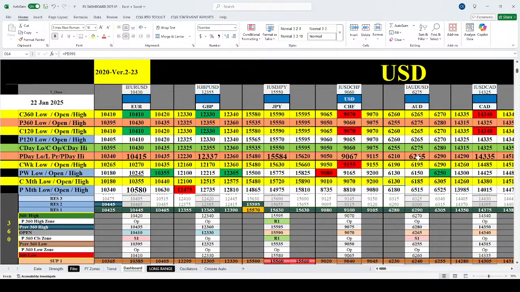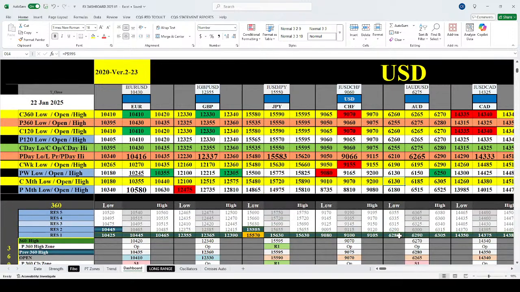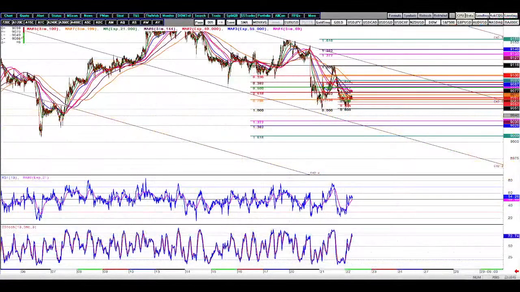Right now it's 65. Current day low is 62.55. So we should be looking to buy near 62.45 and 62.20 or 30. This should be your buying level with a stop below 62.10, and expect the 280 to be tested. If it breaks, we can see 63.10. So this is what the system is saying.